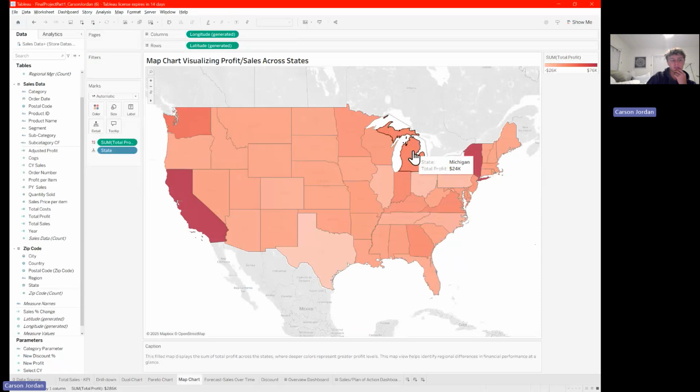However, the central and southern states, including Texas and Oklahoma, showed negative profit at some points, even when sales were moderate, which revealed major regional inconsistencies and highlights the need for market-specific strategies.